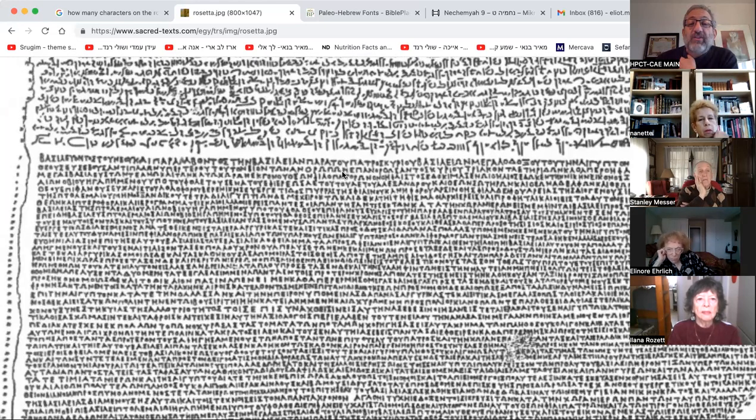So the size of this, I estimated to be about a third of an inch, maybe a quarter of an inch, that each line is about a quarter of an inch. Okay, if that's the case, in our text there are about 40 lines, so it would have been maybe 10 inches long. That kind of makes sense.